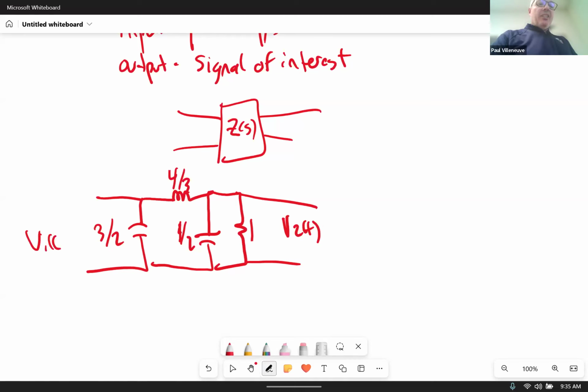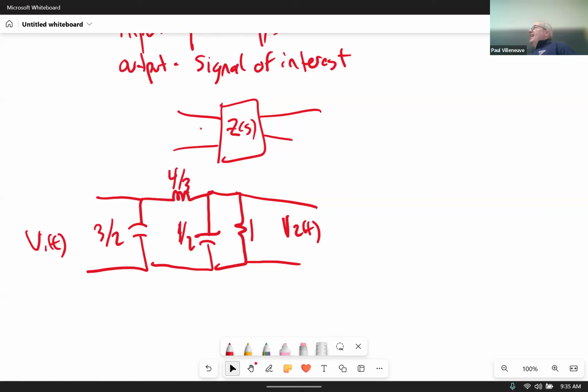I can't actually solve for V2 of T because I have no idea what V1 of T is, or Vn. So this is a perfect application for the transfer function, because once I have the input signal, I can convert it to the Laplace domain, multiply it by the transfer function, get an output, take that to the time domain, and then I know what the output is going to be.